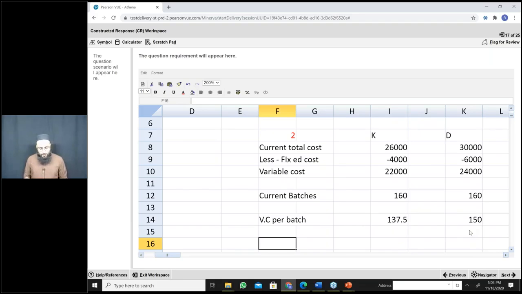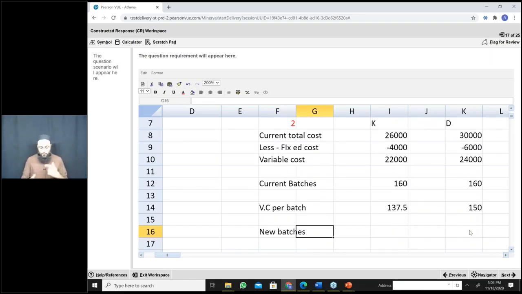Now, new batches. All right, new batches. So what is the change in the policy? 80,000 units now will be produced having a batch size of how much? Can you tell me, guys? 400 units per batch. Okay, everybody quickly. 400 units per batch, right? Are you all with me?